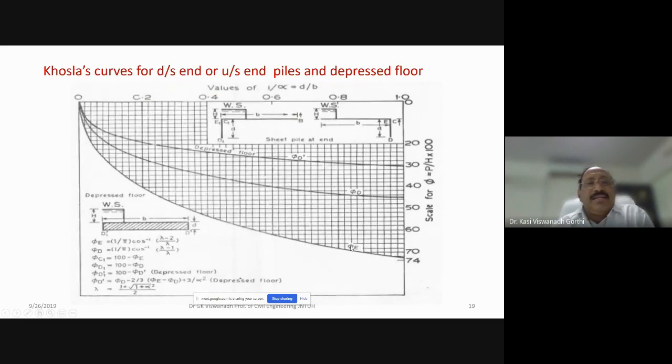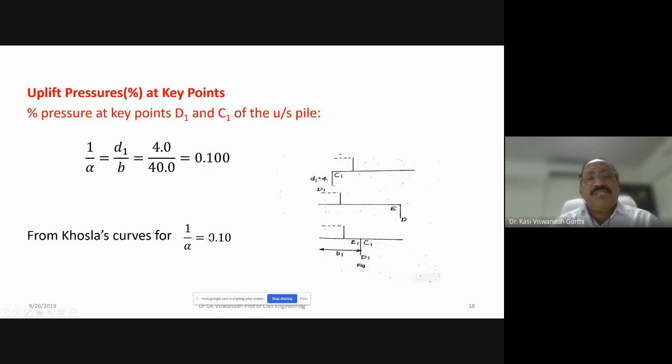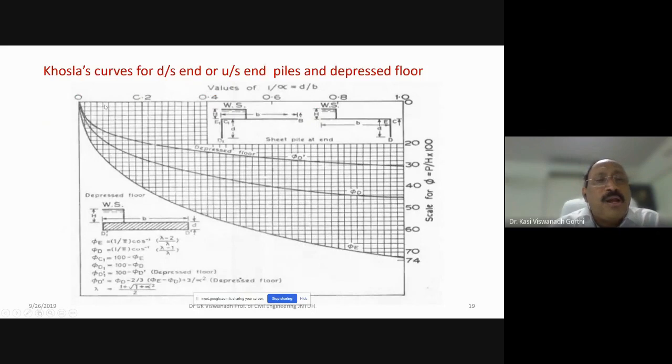You need to calculate. If you see the horizontal axis, the x-axis, 1 by alpha, D by B, starts from 0.0, 0.2, 0.4, 0.6, 0.8 up to 1.0. In our problem, 1 by alpha is 0.1. So corresponding to 0.1, it lies between 0 and 0.2. In between these two, it is a linear graph.